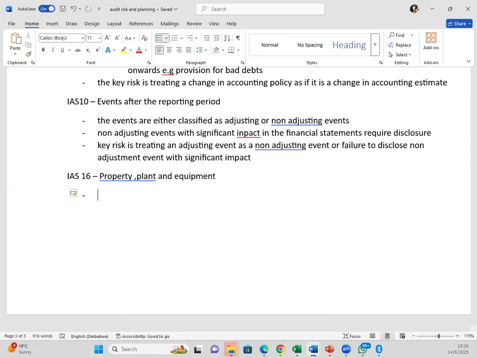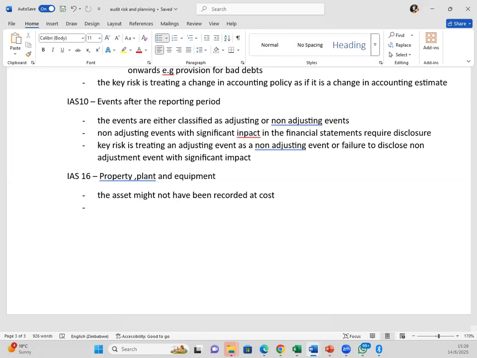That is the key risk, that the asset might not have been recorded at cost. Remember, a risk is a potential problem, not what actually took place.